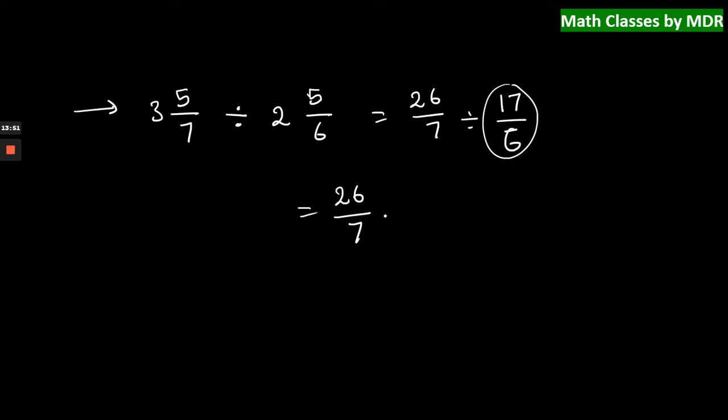That is 26 by 7 into 6 by 17. So 6 into 26 is 156. 7 into 17 is 119. Right? So you can see that if it can be simplified, you can do that, or you can write it as a mixed fraction. Right? I hope you have understood.